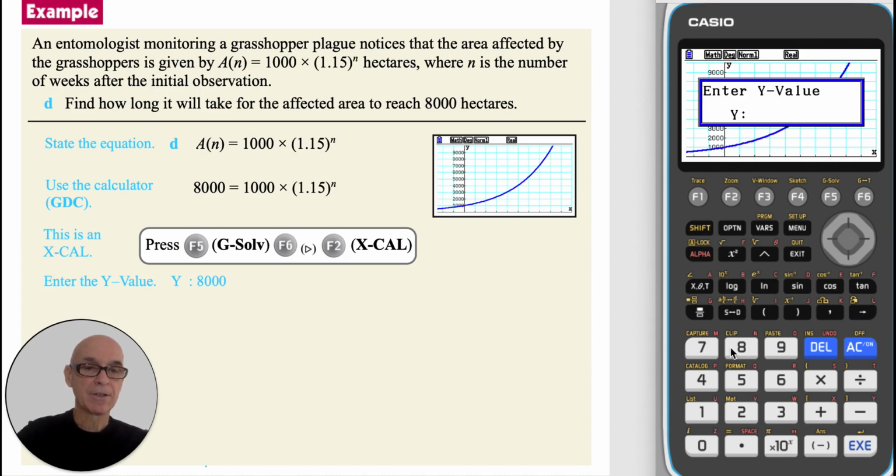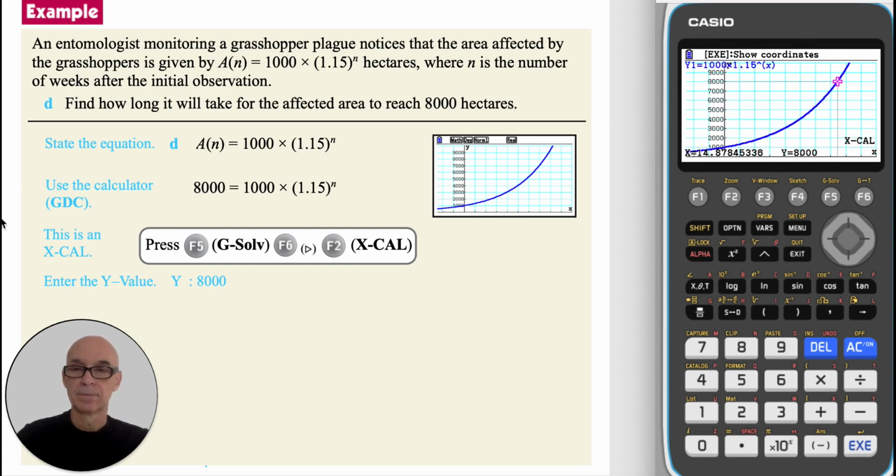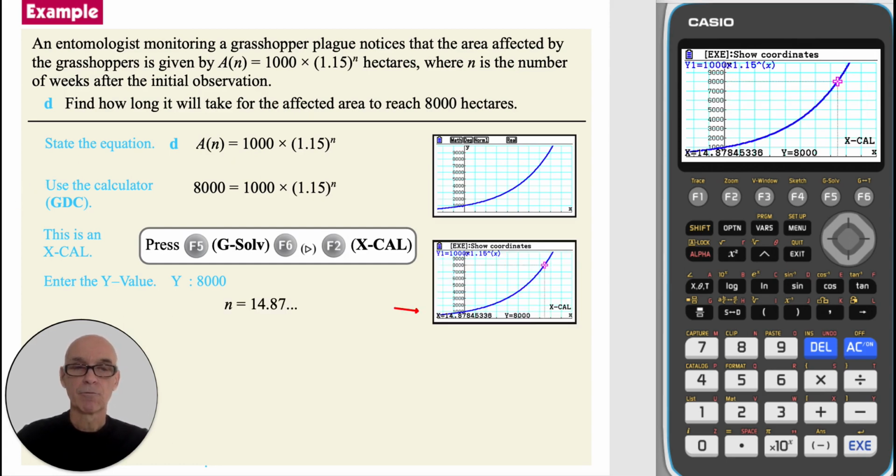Entering the Y value, 8,000, and pressing Execute. Writing down the value of X, which represents n. So it will take 14.9 weeks for the affected area to reach 8,000 hectares, correct to 3 significant figures.